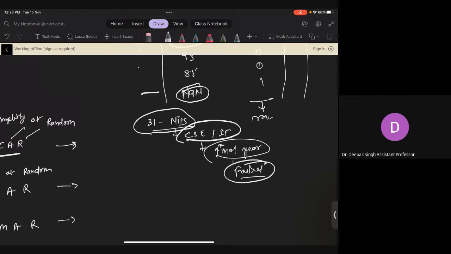Now, when I conducted the survey, maybe because of some issue, for some NITs I was able to collect the data very correctly. And for some NITs, that too for some students, I wasn't able to collect the data.